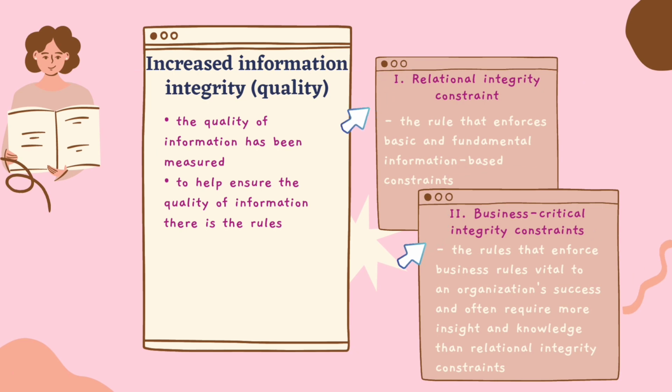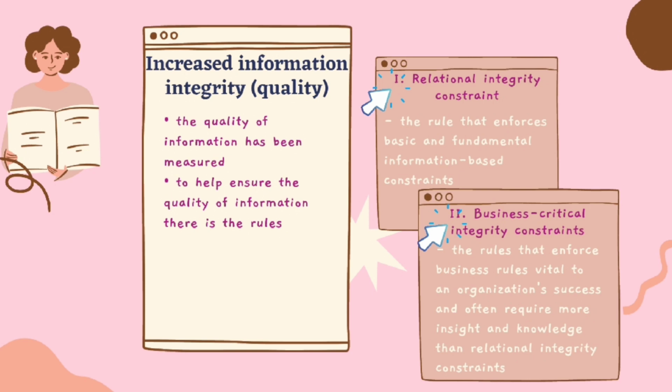Lastly, it increases information integrity. Information integrity measures the quality of information, and integrity constraints are the rules that help to ensure the quality of information, like relational integrity constraints and business critical integrity constraints. A relational integrity constraint is a rule that enforces basic and fundamental information-based constraints.